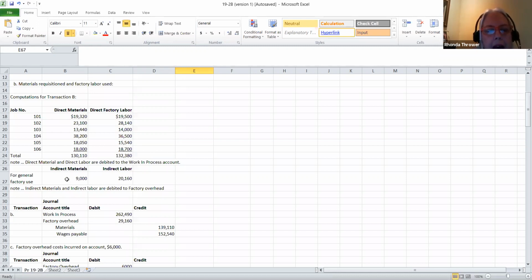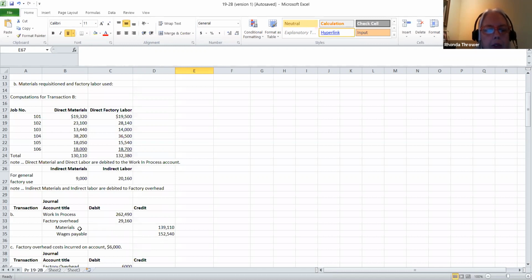We're going to combine the indirect materials and the indirect labor together to get our total debit to the factory overhead account. Again, you could have treated these as separate journal entries, but you won't have enough space in Cengage. So I'm really trying to show you what Cengage has done for the journal entry for Part B.